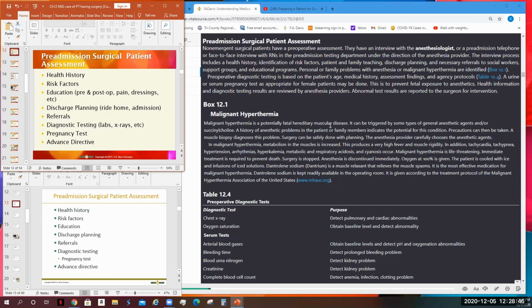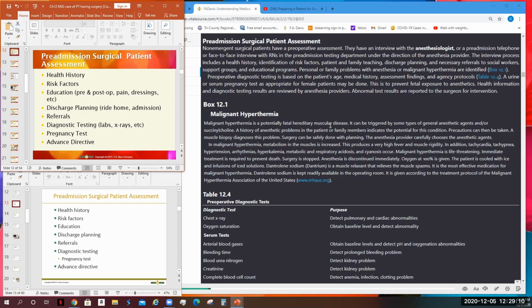Surgery is stopped. Anesthesia is discontinued immediately. Oxygen at 100% is given. The patient is cooled with ice and infusions of iced solutions. Dantrolene sodium, Dantrium, is a muscle relaxant that relieves the muscle spasms.